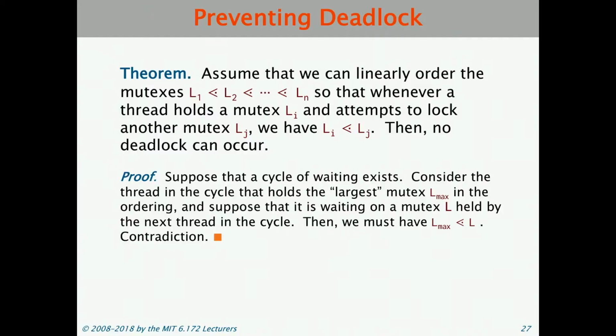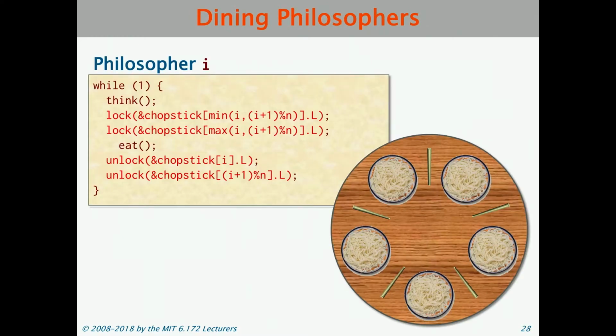So it's a very simple proof that you can't have deadlock if you grab them according to a linear order. For this particular problem, instead of grabbing the one on the left and the one on the right, you grab the smaller of the two and then the larger of the two, and then you're guaranteed to have no deadlock. Does that make sense?